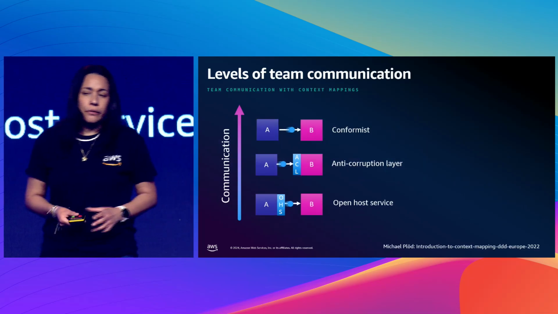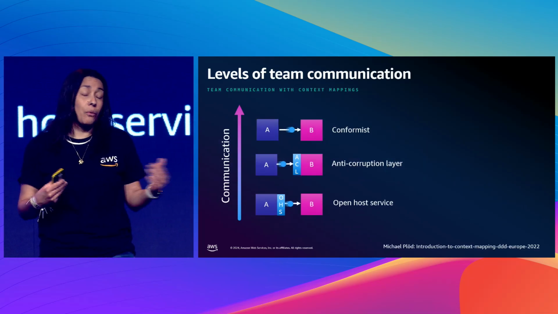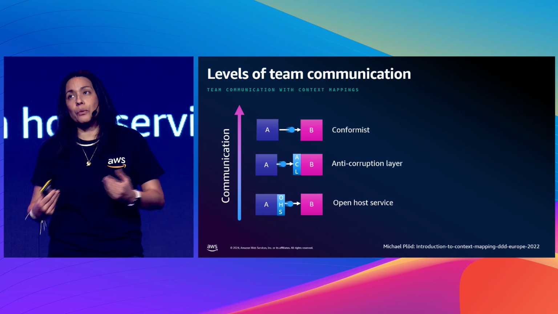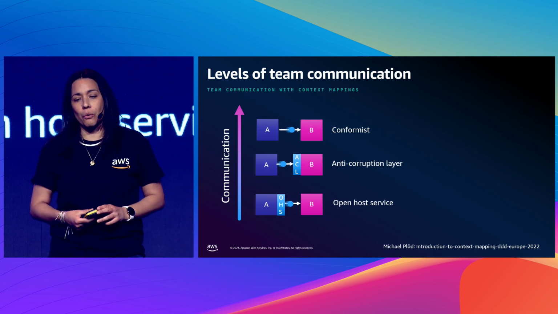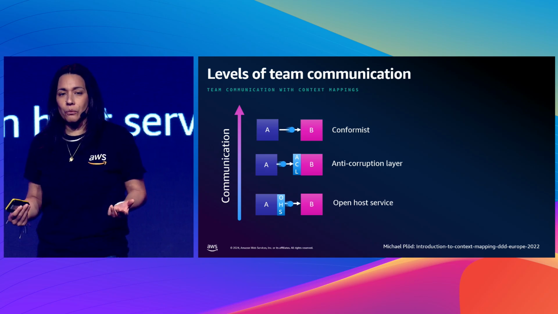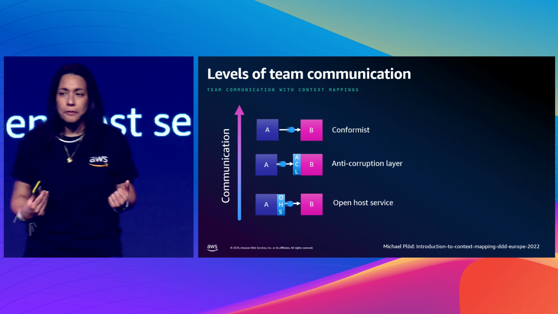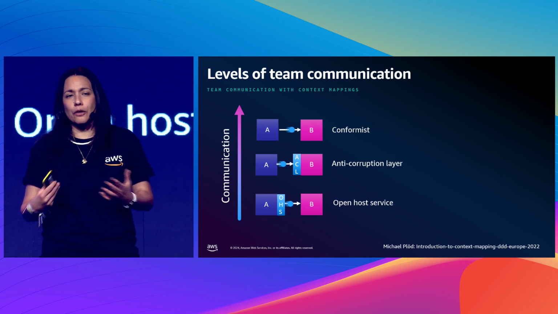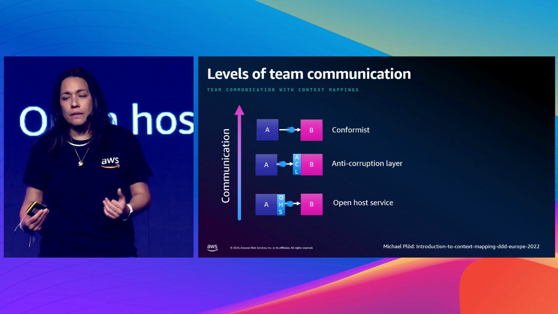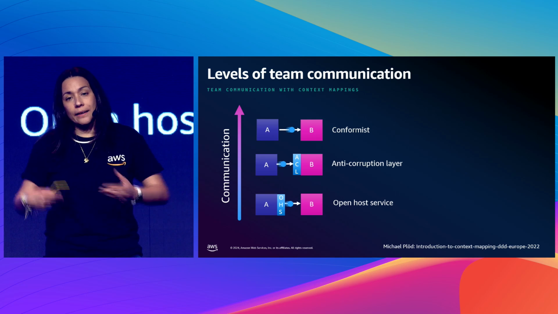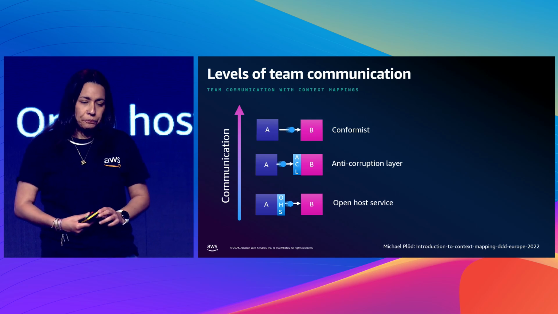What we will observe also with these patterns is that depending on the one that you adopt, there will be different levels of communication required. With the open host service, we will need to do that communication up front. So we will need to agree what kind of information can flow across domains in the organization and establish a universal language.